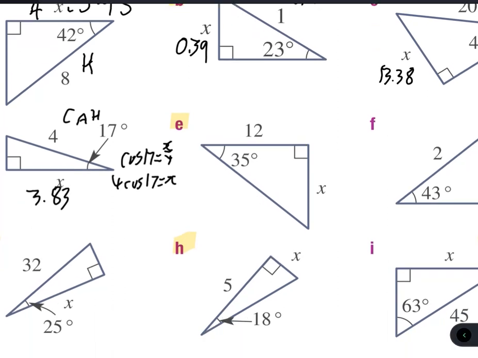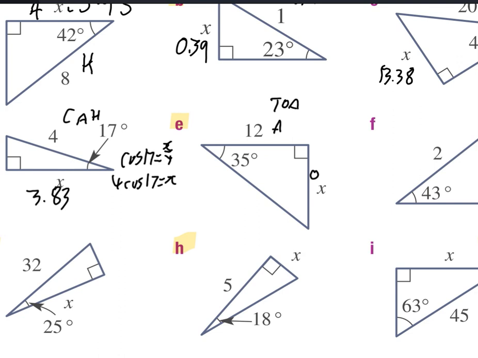Now I'm going to do E, then G, then H. That way I don't have to move the camera as much. Okay, E is where we're up to now. I have got my angle here, and I've got something on the opposite side, and I've got my adjacent. So that means I need to do TOA. Tan is opposite over adjacent.